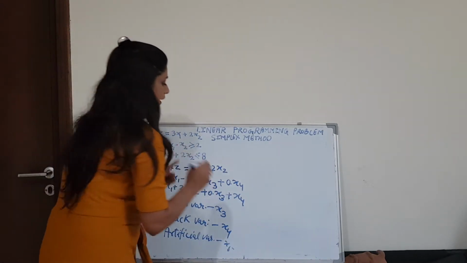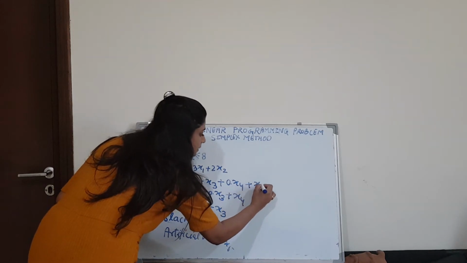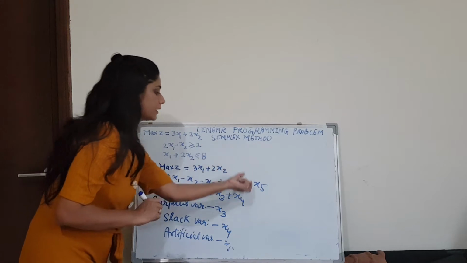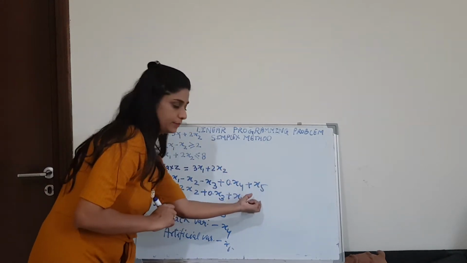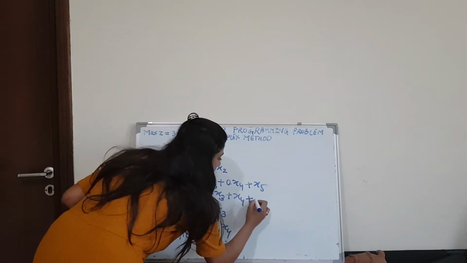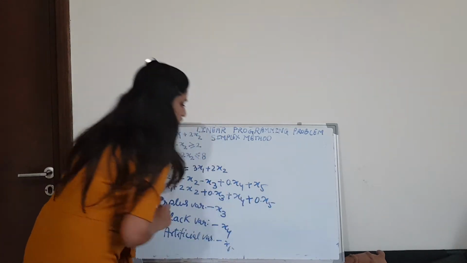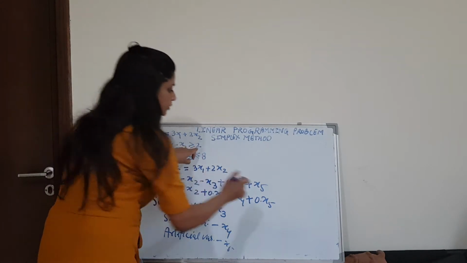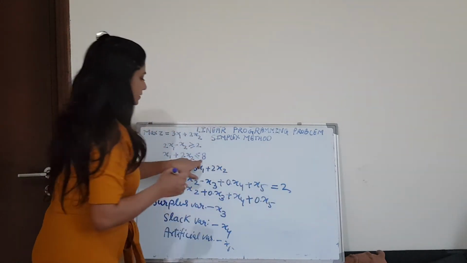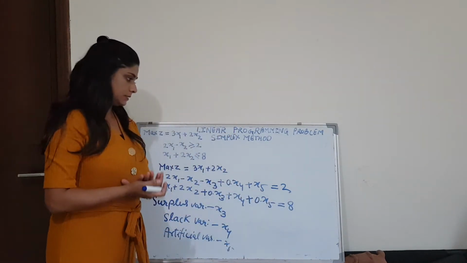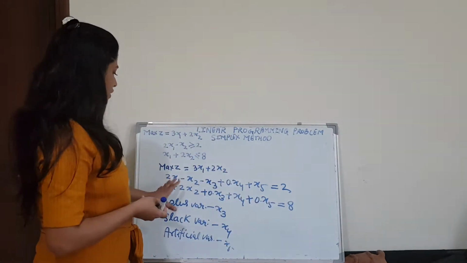So this x5 we will add here, because the surplus variable we have subtracted, so we are adding this artificial variable in this equation. Now we will write this artificial variable like this in the other equation. Now both equations are in equals form. The first one is equal to 2, and the second one is equal to 8.